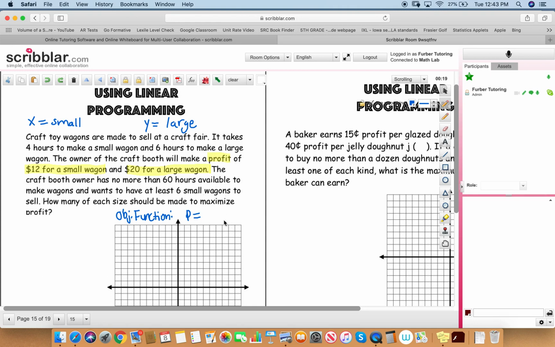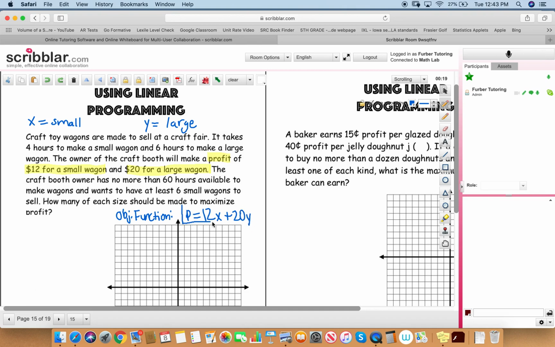Well, he makes his profit by selling some small wagons and some large wagons. The small wagons are going to be $12 each for the profit when they're sold, and the large wagons are going to be $20 each when they are sold. So the $12 goes with the X, so 12X, and the 20 goes with the large, 20Y.